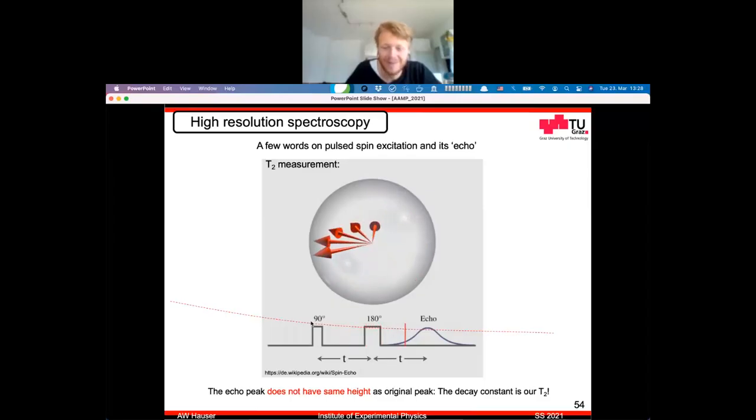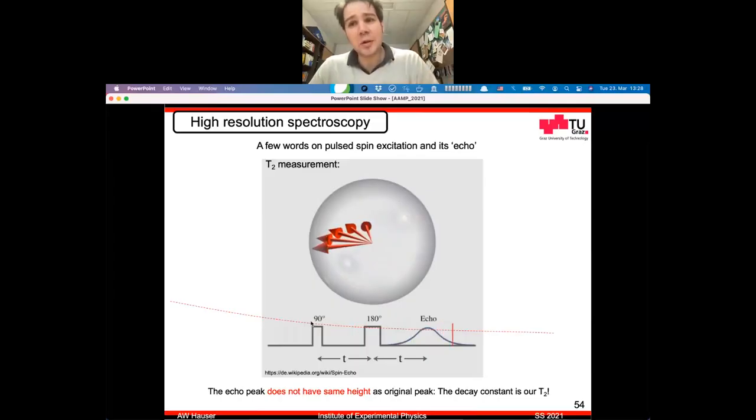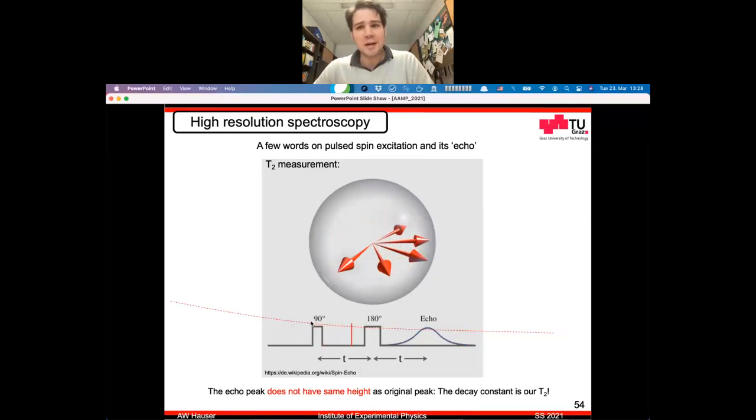And so what you can see in a sample is that you have several different resonance lines with different T1 and T2 times.